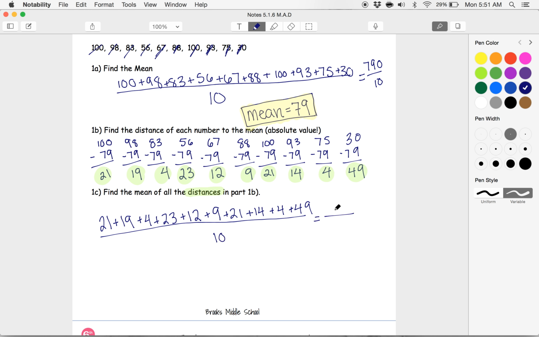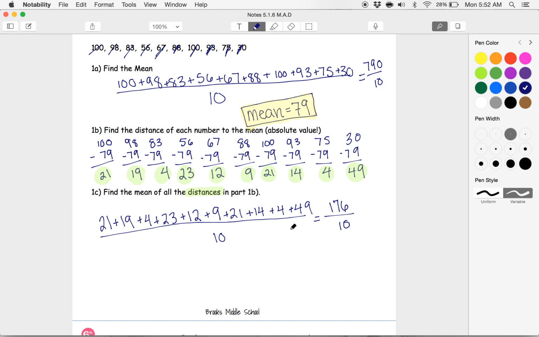So let's see what I get when I add all those up. 21 plus 19 plus 4 plus 23 plus 12 plus 9 plus 21 plus 14 plus 4 plus 49. It looks like I'm going to get 176 over 10.